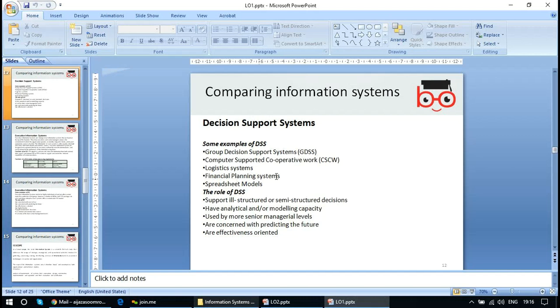So, for example, financial planning systems and logistics systems need to make decisions. For example, arranging any logistics, the deliveries, and many things are involved. So obviously there are decisions involved, isn't it?